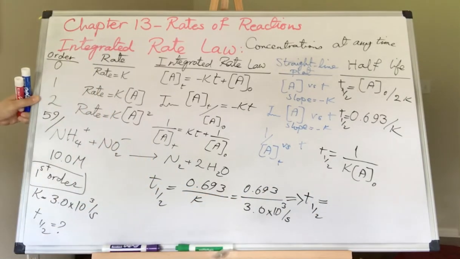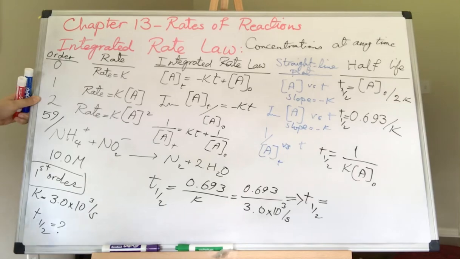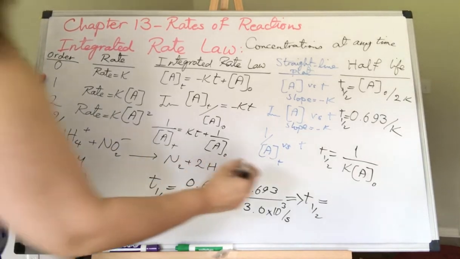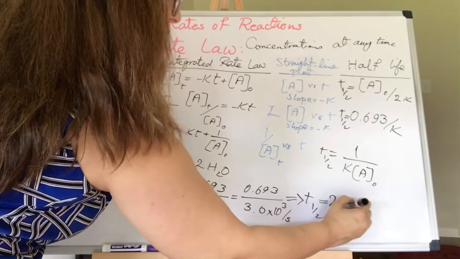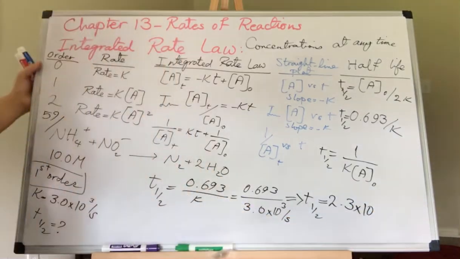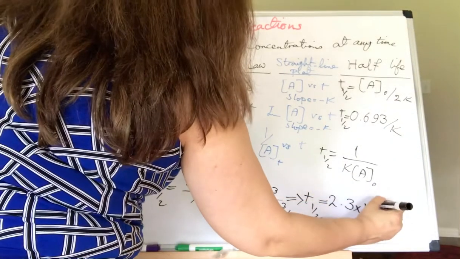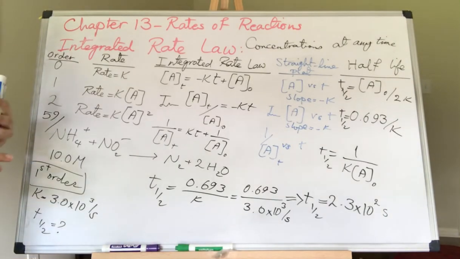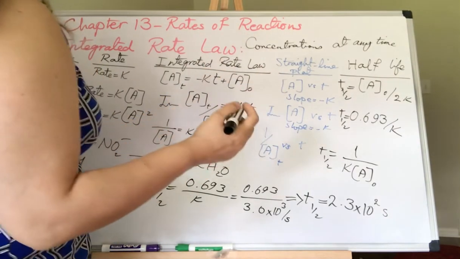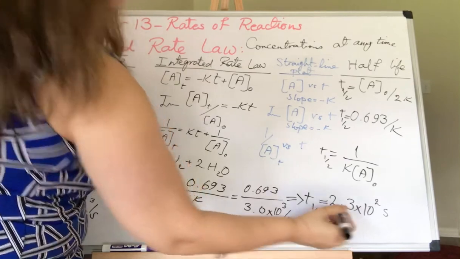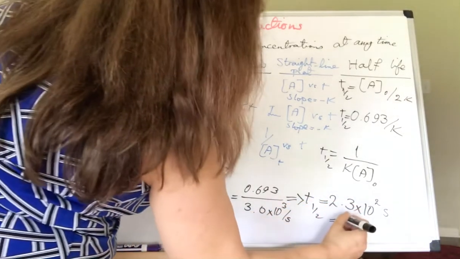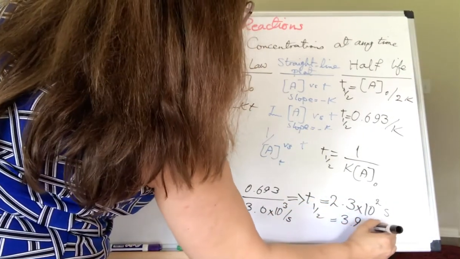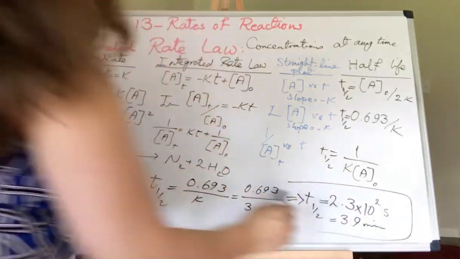So half-life will be 2.3 times 10 to the second. And if you need to change it to a minute, then go ahead and divide it by 60. So it's going to give you about 3.9 minutes.